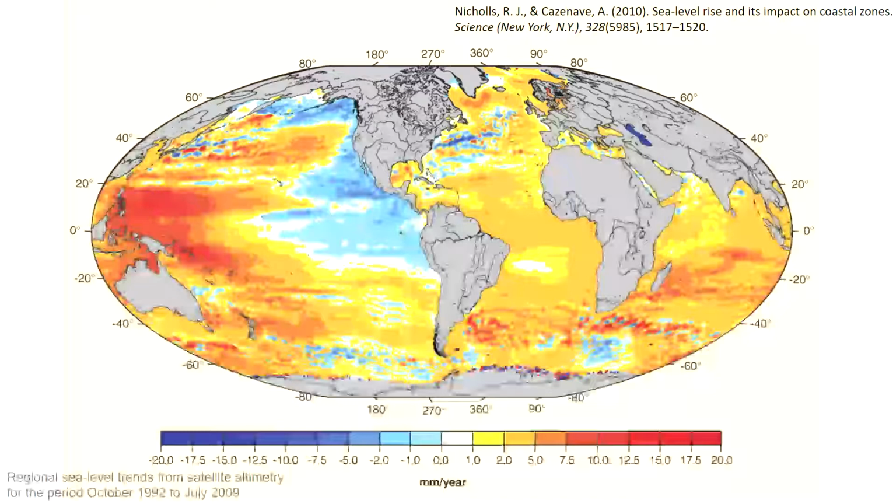So these three effects of differential heating, ocean circulation, and freshwater fluxes lead to a heterogeneous spatial distribution of sea level rise over the last couple of decades. This is important because it can have quite strong impacts on local coral reefs. If a particular region has experienced more rapid sea level rise than elsewhere, the impacts may be different.